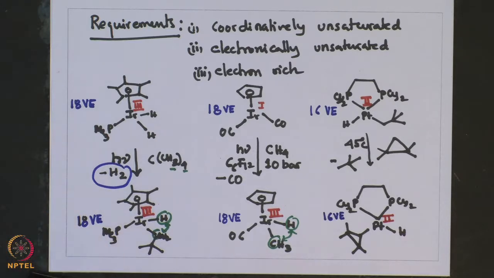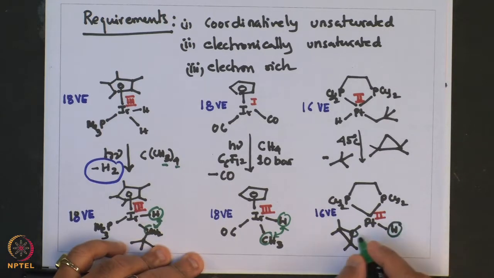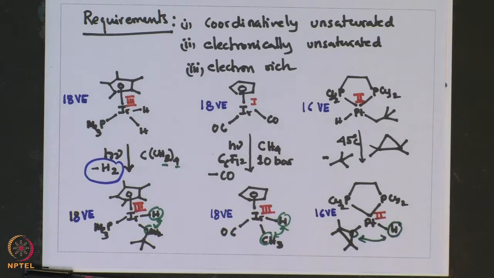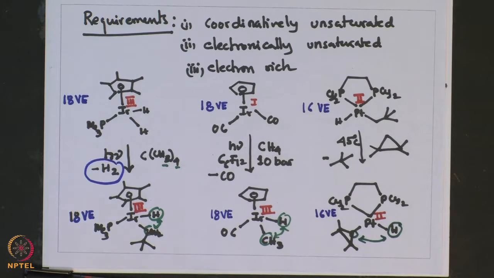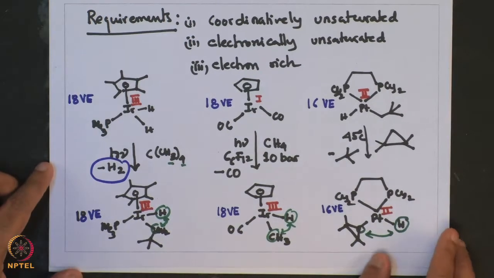The oxidative addition of the CH bond between the cyclopropyl carbon and this hydrogen occurs to give the platinum hydride complex, similar to the iridium hydride complexes.